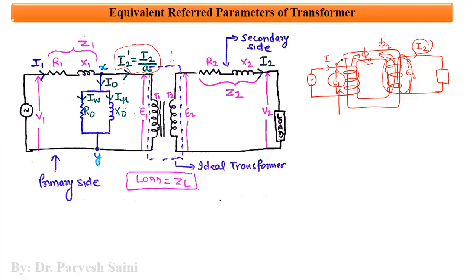Now, because the power on the primary side and the power on the secondary side shall be the same, this is an assumption taken for a transformer, as discussed in previous lectures also, that a transformer transfers the voltage from one level to another level at the same frequency, same power, right?